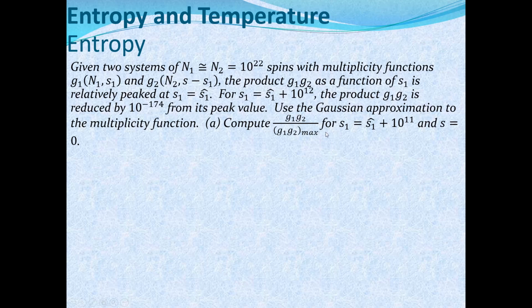So what they're looking for is that deviation factor. If we just write down everything that we're given, the number of molecules, and we're also given the delta of how much the spin system is deviating from the ideal max most probable case. And the deviation is 10 to the 11th.